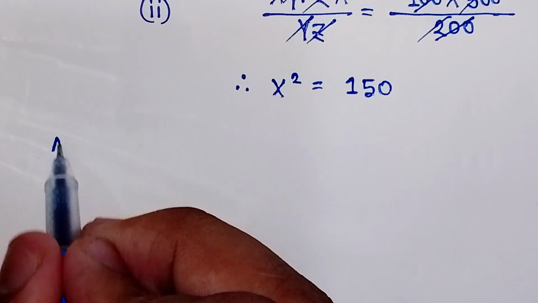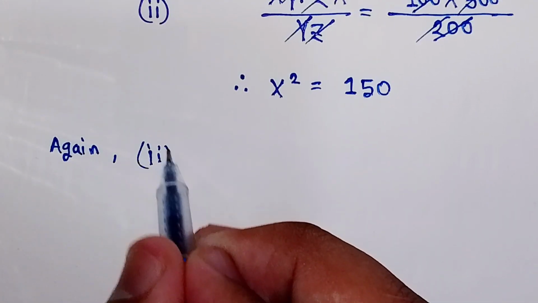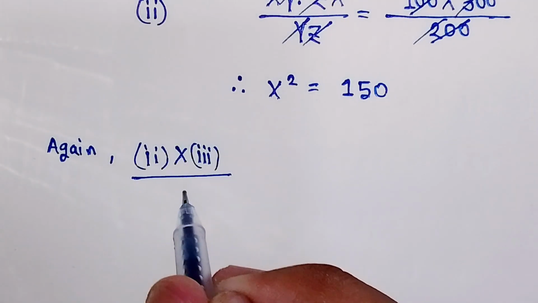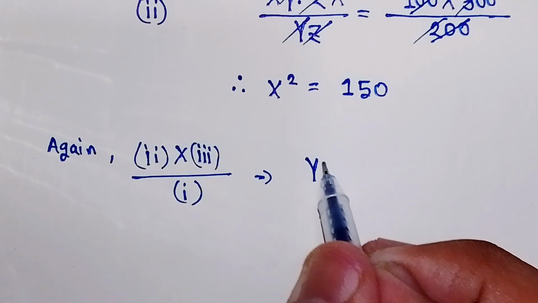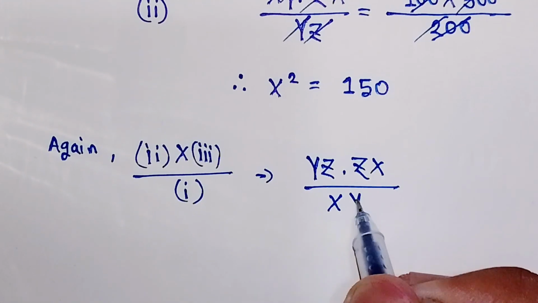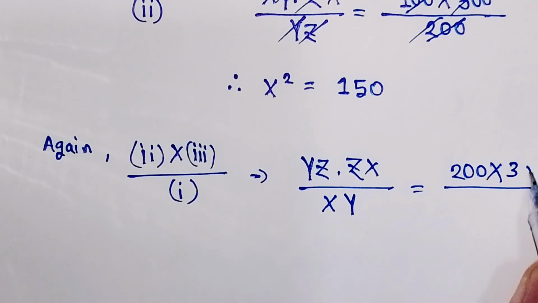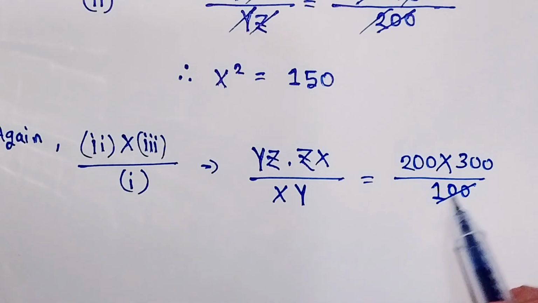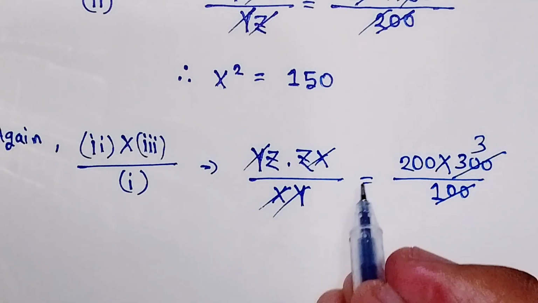And now, last step, again we'll do equation number 2 times equation number 3 divided by equation number 1. Then we'll get yz times zx divided by xy equals 200 times 300 divided by 100. Then this and this will be 3, and this x and this y will be cancelled out.